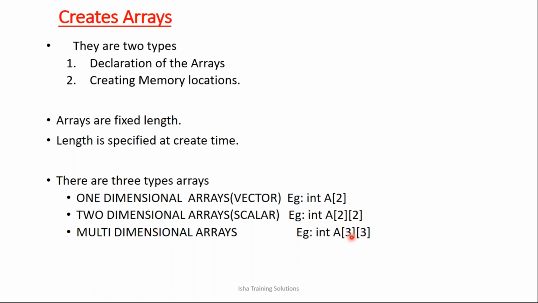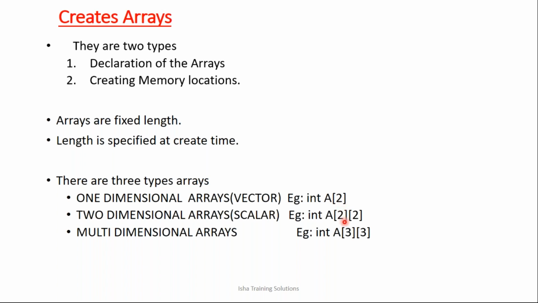Okay, here in this you people are going to have three rows and three columns. So we are having three types of arrays here. One is a one-dimensional array, second is a two-dimensional array, and the third is a multi-dimensional array. In a one-dimensional array, we are going to have a single row, and the number in the one-dimensional array will define the number of columns present.